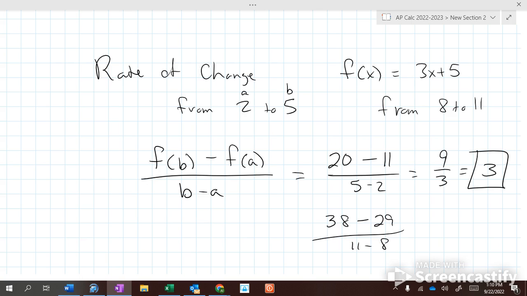Over 11 minus 8, that gives us 9 over 3, which is 3. My average rate of change is also called my slope. When I have a linear function, my slope is my average rate of change. Not everything is going to be a linear function on your homework, so you'll just have to use this formula to find average rate of change.